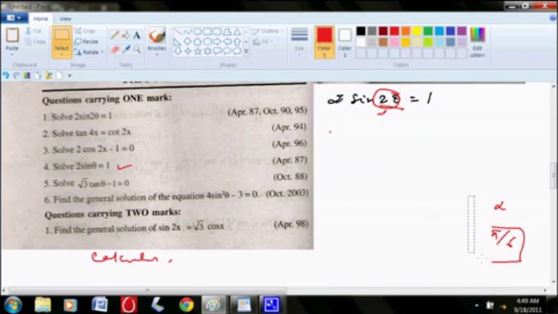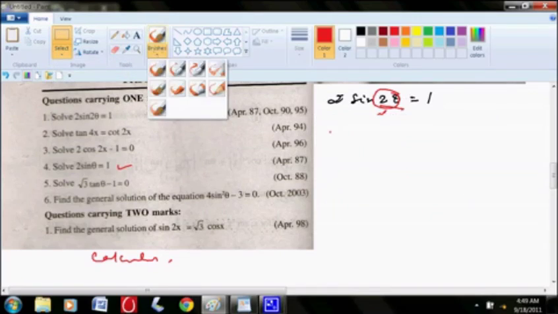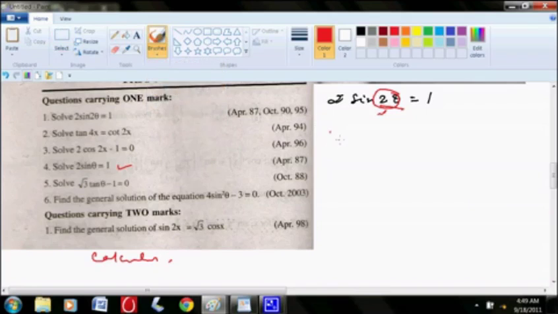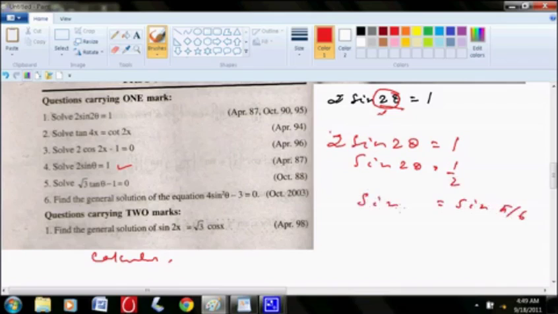In other words, what I'm saying is, the overall quantity 2 theta you can take as theta, in the sense 2 sine 2 theta is 1. So sine 2 theta is 1 by 2. That is equal to sine of pi by 6. Sine 2 theta is sine of pi by 6. Now this is 2 theta, this is pi by 6.